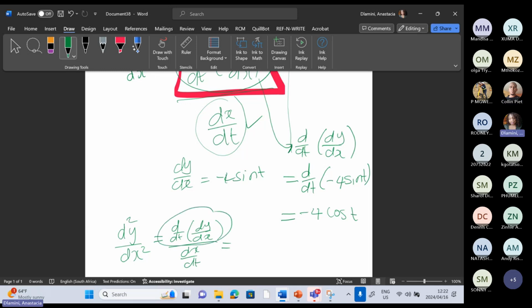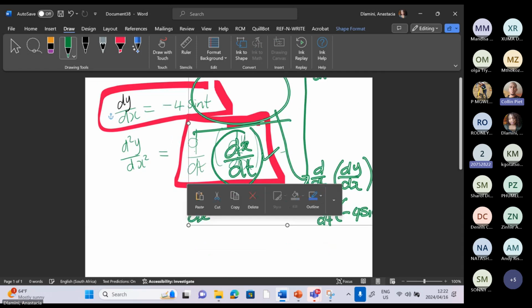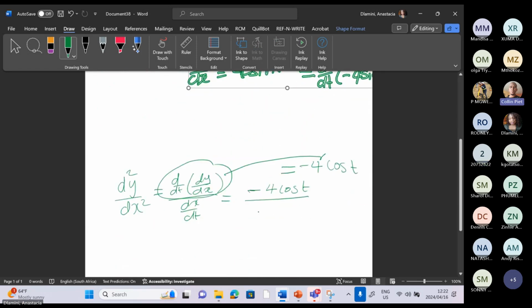This part here is given by this part there. So this is minus 4 cos of t over dx/dt. What is dx/dt? It is cos of t.